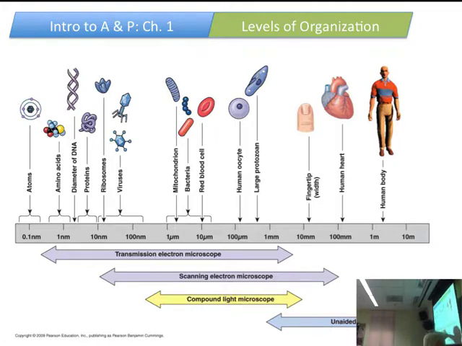So the transmission electron microscope, a TEM, or a SEM, they get down pretty low, down to the size of macromolecules for the TEM and some of the SEM. And then a really nice compound light microscope maybe can visualize a particularly large viral capsid. And then smaller than about a millimeter or so is not visible with the human eye.